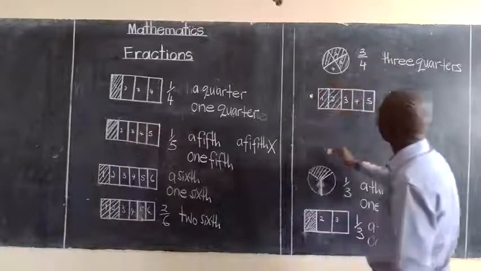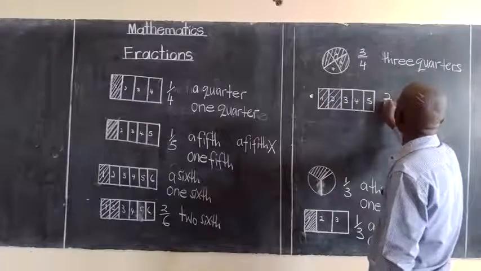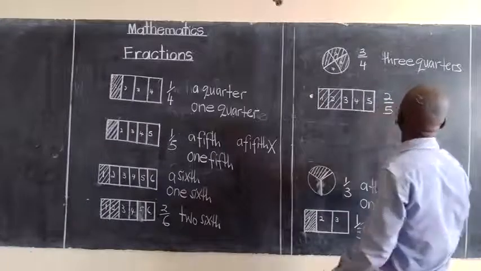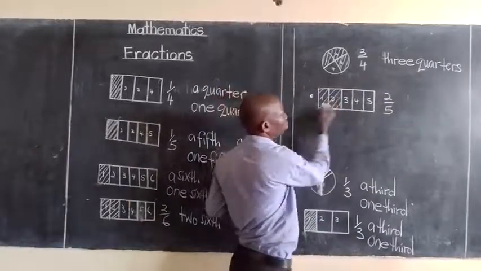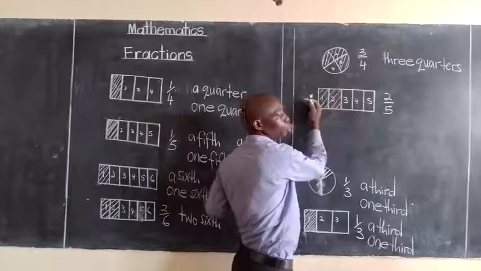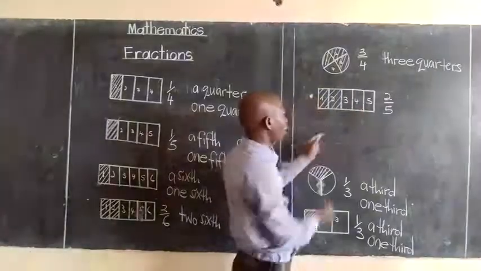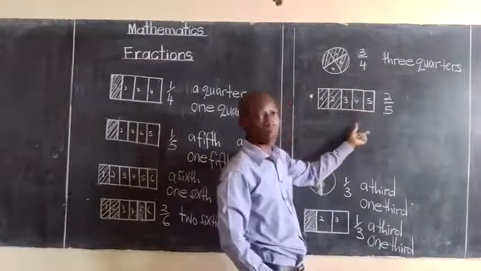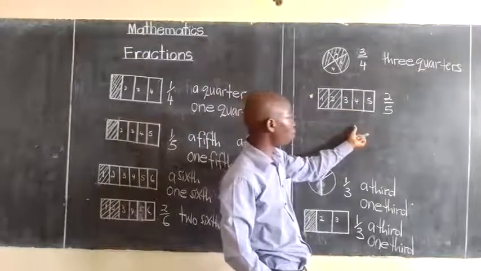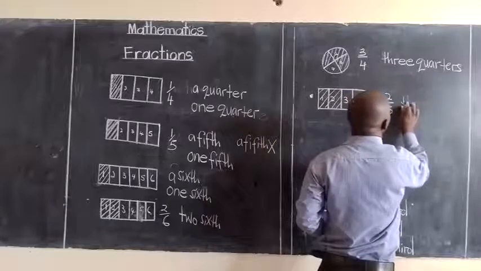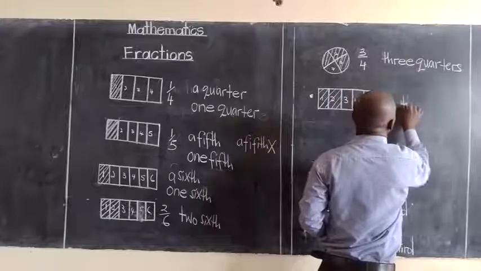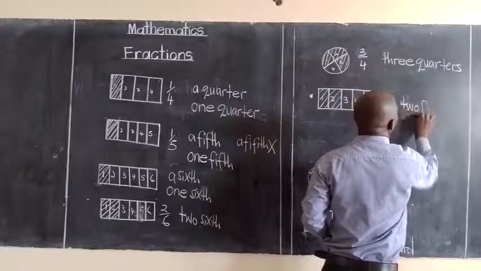So this one is read as 2 out of 5. We have removed the 2 out of the 5 parts. We are taking away these 2 parts out of the 5 parts. And therefore, this one is written as 2/5.